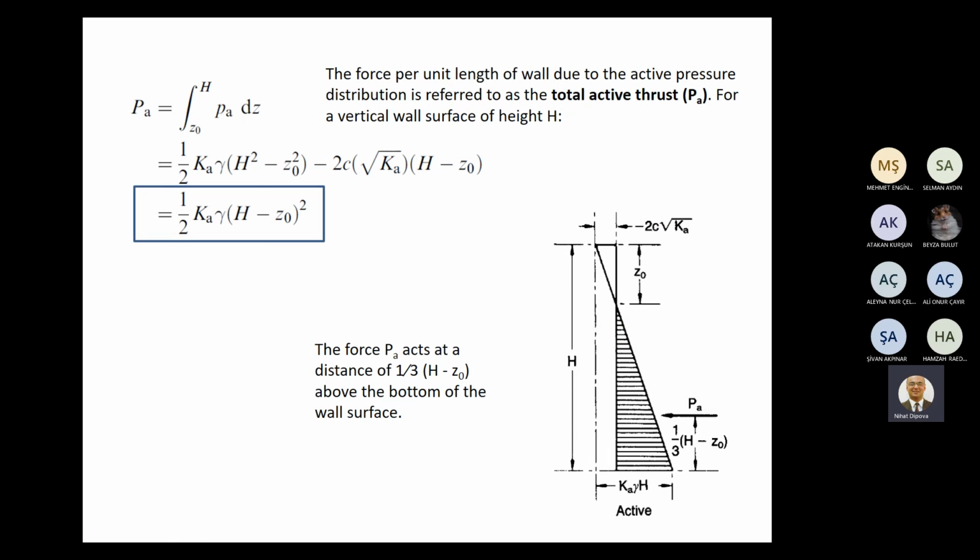The force per unit length of wall due to the active pressure distribution is referred to as the total active thrust, as shown here, PA, for a vertical wall surface of height H. Let me tell again, this zone is neglected.